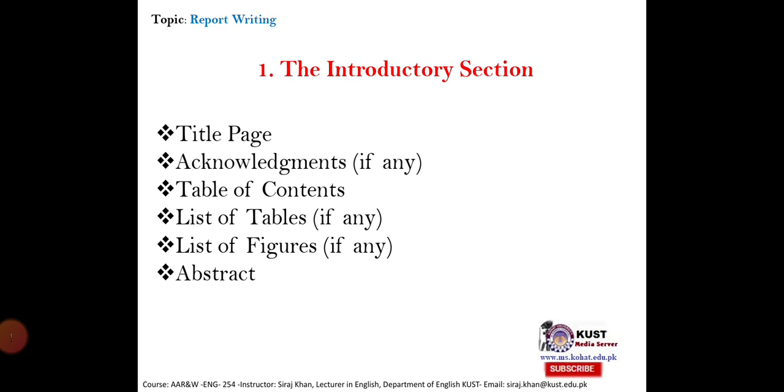The abstract should be on a separate page with the centered heading ABSTRACT in capitals. It is usually written in a single paragraph with no indentation.